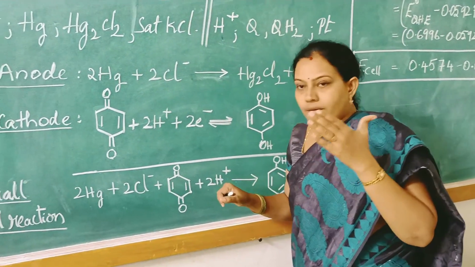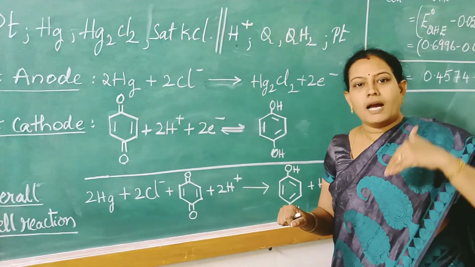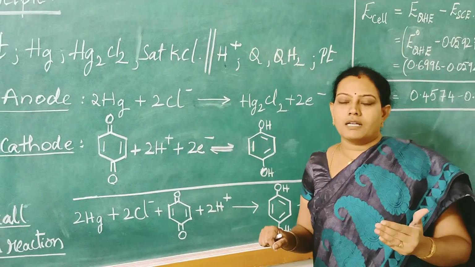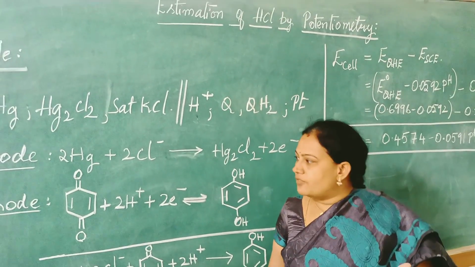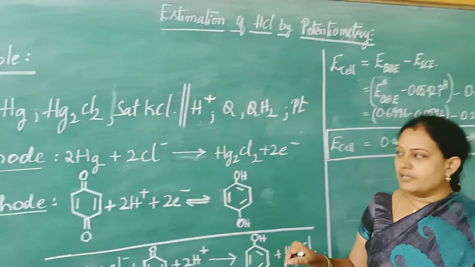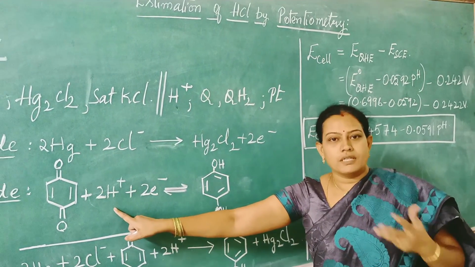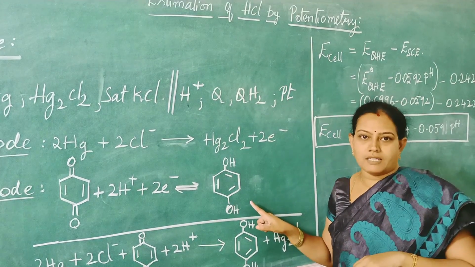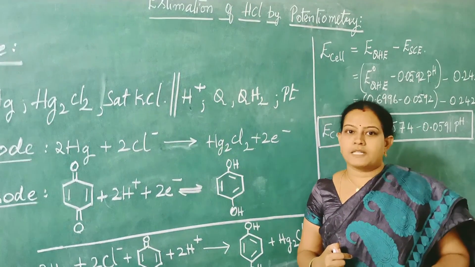So we keep on reading the values of EMF during the course of an acid-base titration, and depending upon the variation in the E cell values, we find the endpoint of the reaction. So it is mainly the concentration of H plus ions during the course of titration. We find the variation in the E cell values.